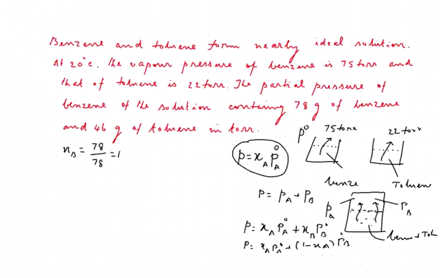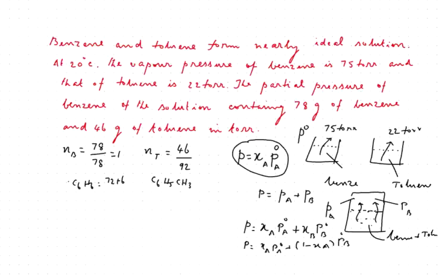The number of moles of toluene is 46 gram of toluene taken, and the molecular weight of toluene is 92, because benzene is C6H6. For 6 carbons 72, for 6 hydrogens 6, so 78. Toluene is C6H5CH3, so it is 92. One hydrogen is removed and a methyl group is attached, 92. So what you are getting is 0.5.